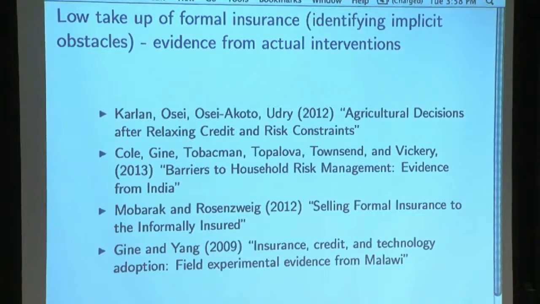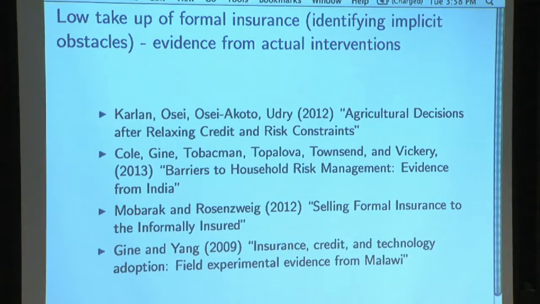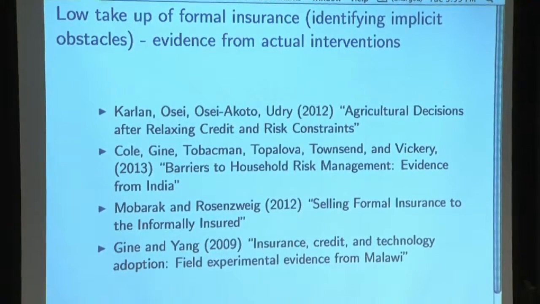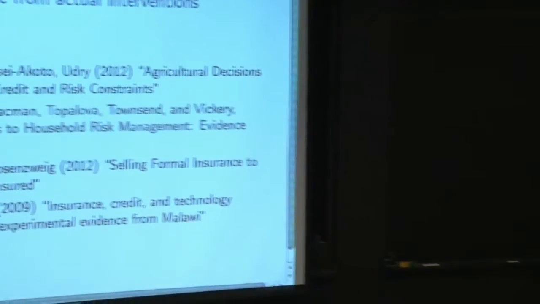They have rainfall insurance, they have credit, they have both, they have one and the other, they have controls, and then you see stuff. Like you see sometimes that credit seems to increase investment, but you also see that the combination of insurance and credit is actually not helping. Although insurance alone actually can help.